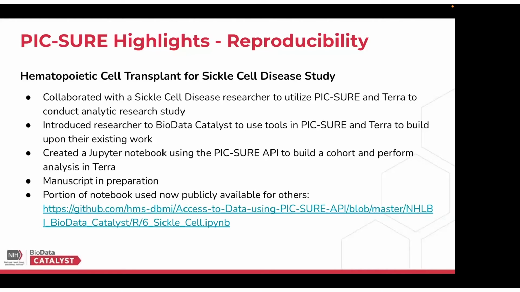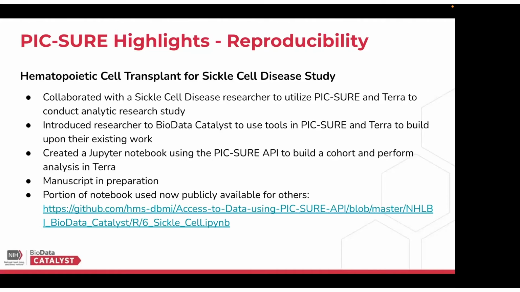Awesome. All right, the next instance of reproducibility with PIC-SURE is for a sickle cell disease related study. Recently we collaborated with a sickle cell disease researcher to use PIC-SURE and Terra to conduct analytic research on this data set. We were able to introduce the BioData Catalyst user to the tools available in PIC-SURE and Terra to build upon their existing work.